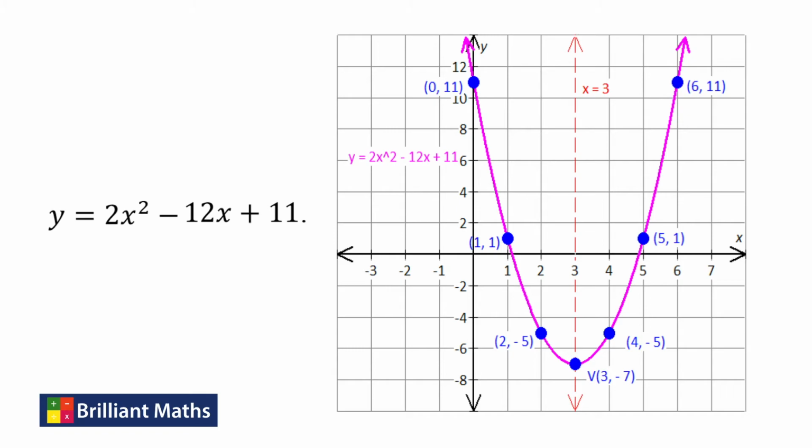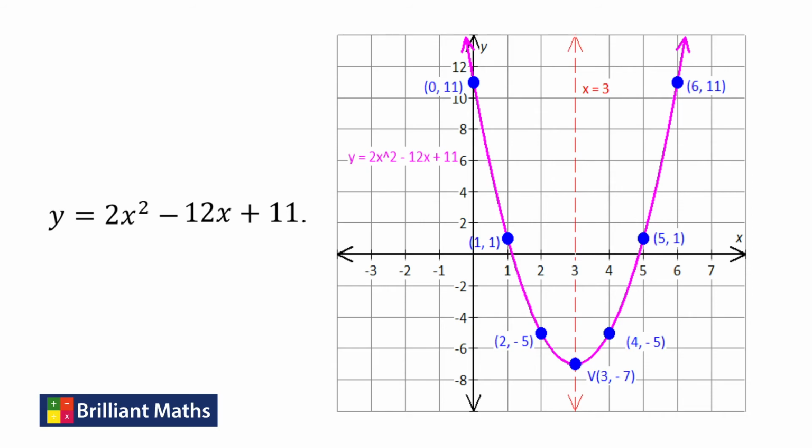The axis of symmetry is at 3. The solutions of the graph are at x equal to 1 and x equal to 5. So what is halfway between 1 and 5? 1 plus 5 is 6. 6 divided by 2 is 3. So the line x is equal to 3 is the axis of symmetry.